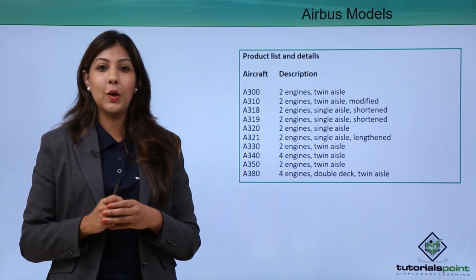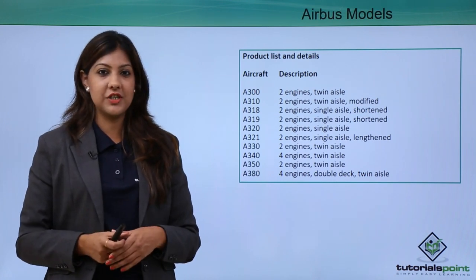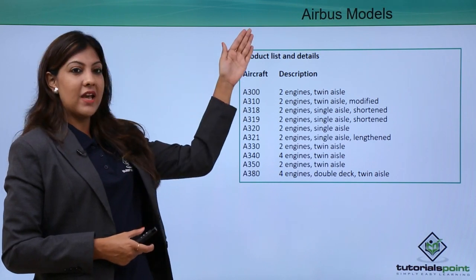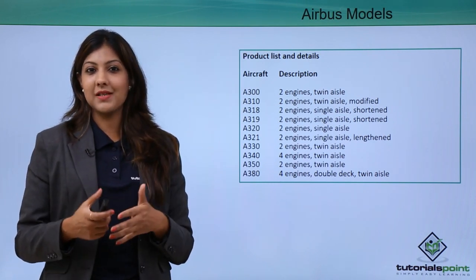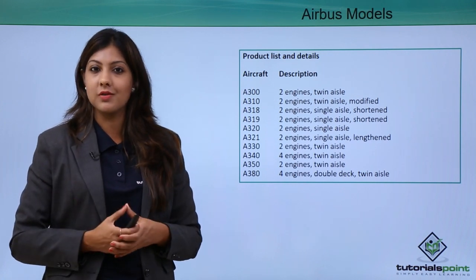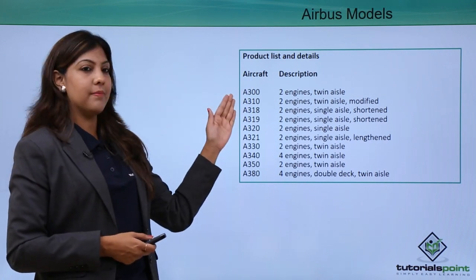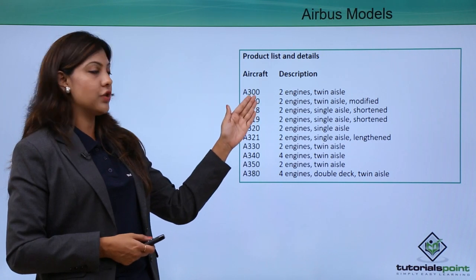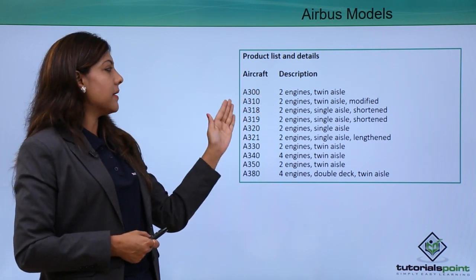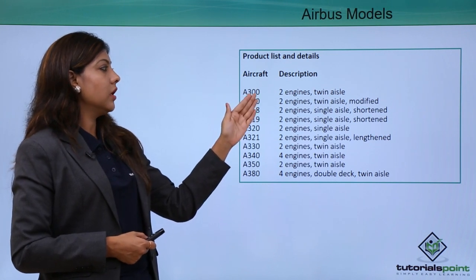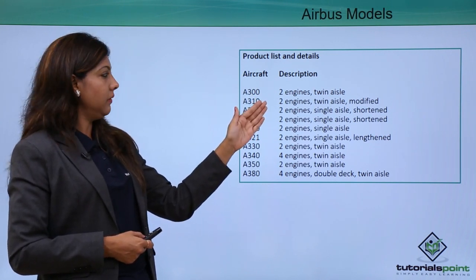Let's quickly look at the aircraft models for Airbus. Under Airbus, we have different aircraft types. You must never have wondered that Airbus can have such huge models within itself. We have the Airbus A300, which is a twin-engine, twin-aisle airliner. The A310 is a twin-engine, twin-aisle, and it's modifiable.